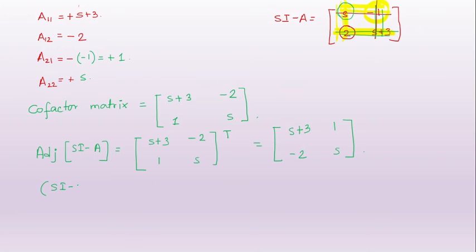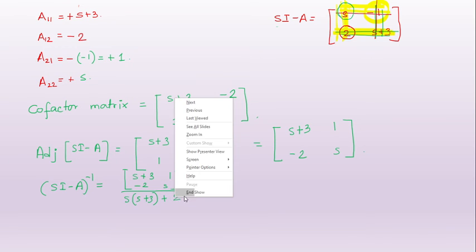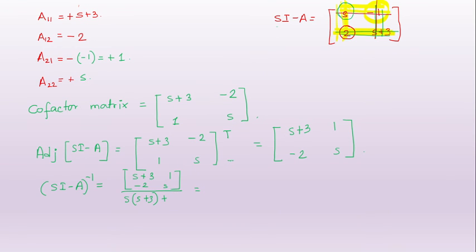The inverse of sI minus A will be this matrix divided by the determinant of sI minus A. So S plus 3, 1, minus 2, S divided by the determinant of sI minus A. That means S into S plus 3, minus minus plus 2, so it is becoming S square plus 3S plus 2.